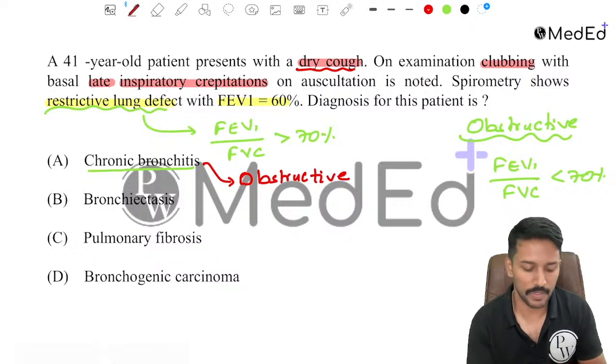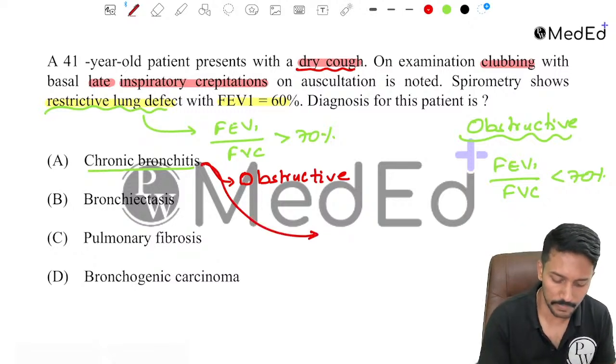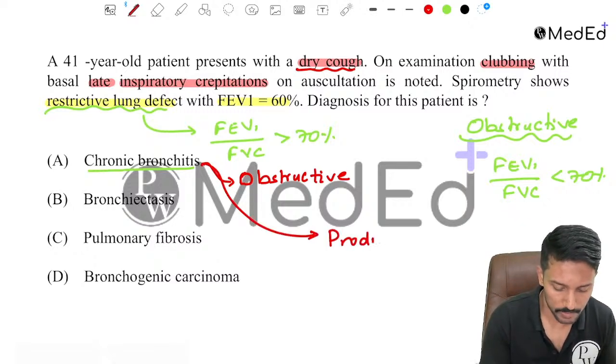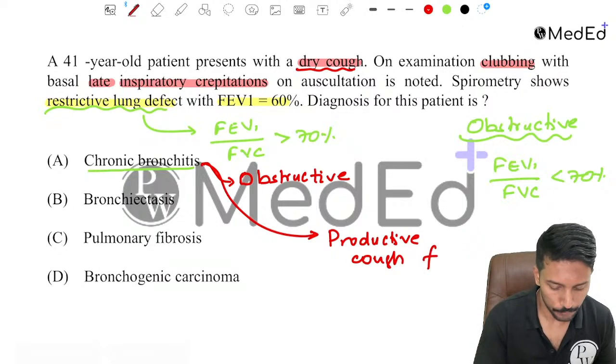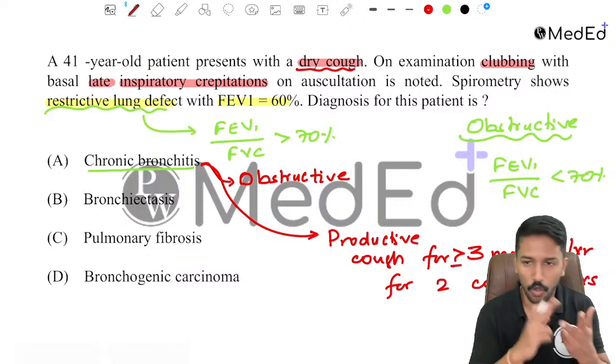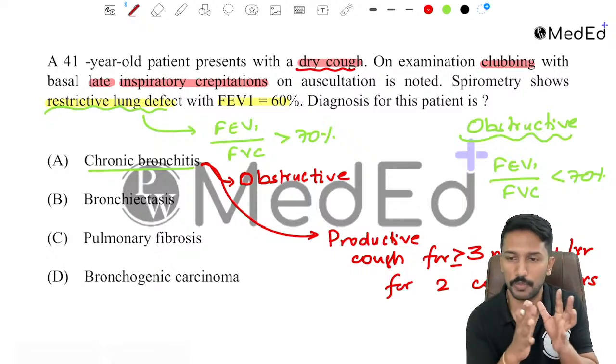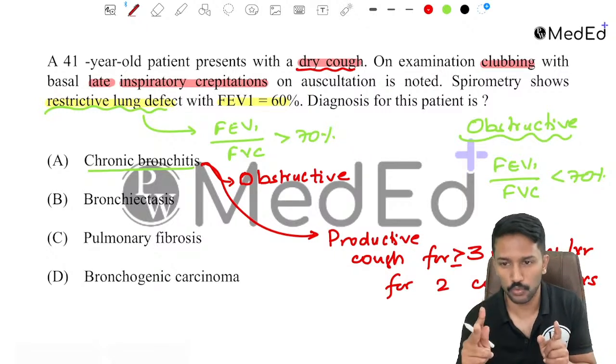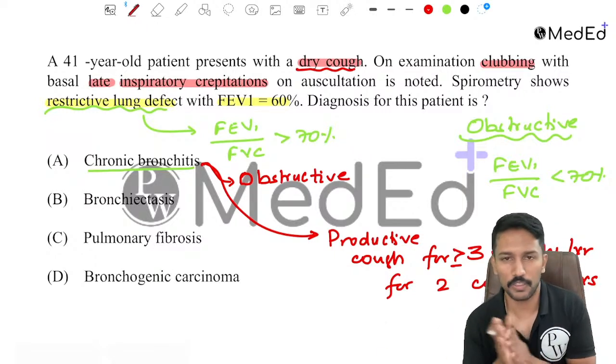Chronic bronchitis is defined as productive cough, sputum production, for more than or equal to 3 months per year for 2 consecutive years. That's how we define chronic bronchitis. So cough should be there, it should be productive, and it should be for at least 3 months every year for 2 years continuously. Then we call it chronic bronchitis.